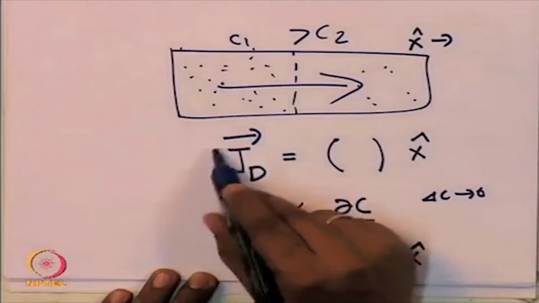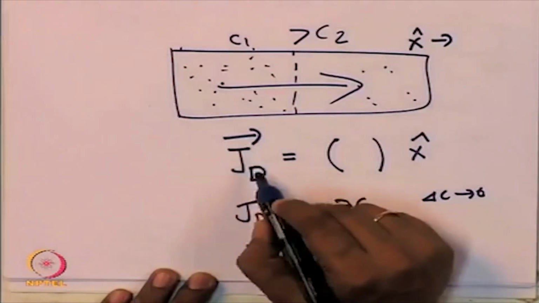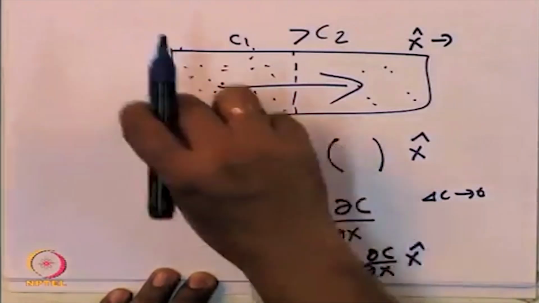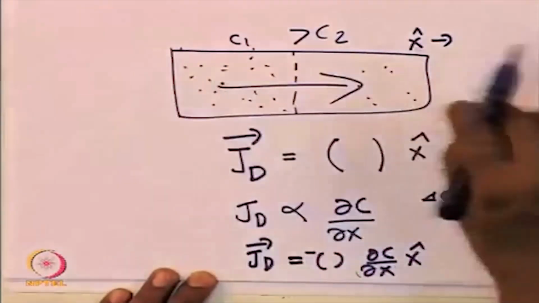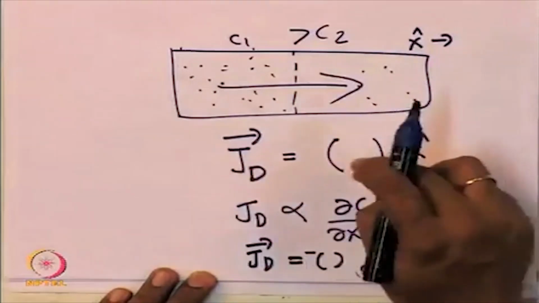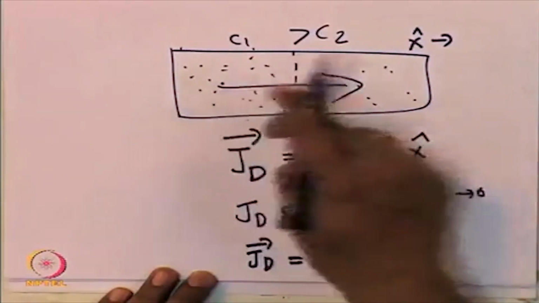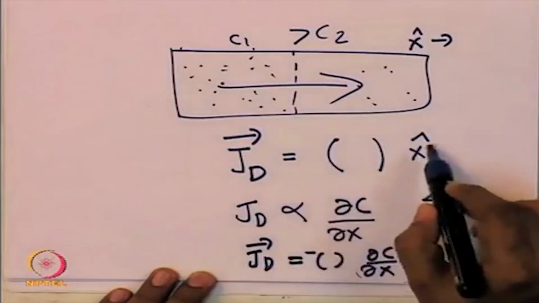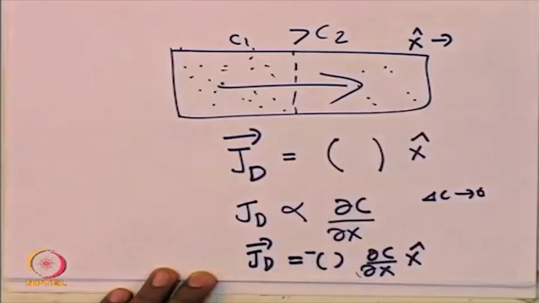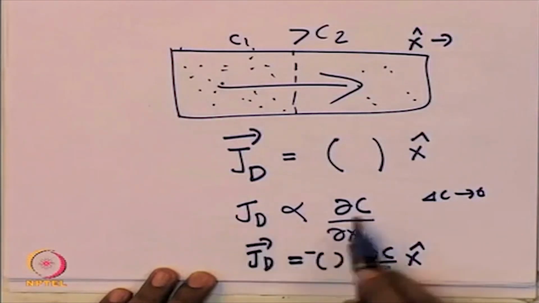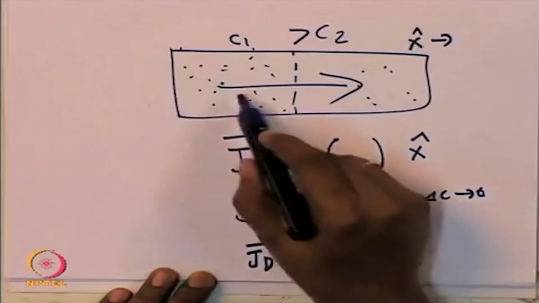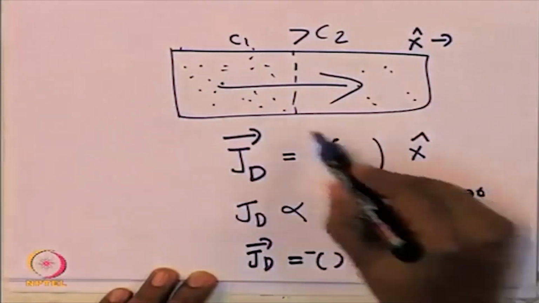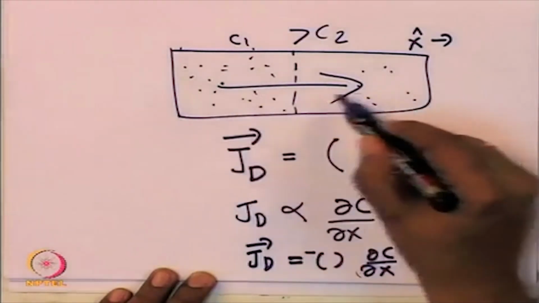The direction of the flow, JD, is the current of ions in this direction. So, this current, due to this concentration difference, has to be in the direction of x. That much is clear. It is also clear that it has to be proportional to del c by del x. Del c by del x is the change in concentration as we go along the x axis.